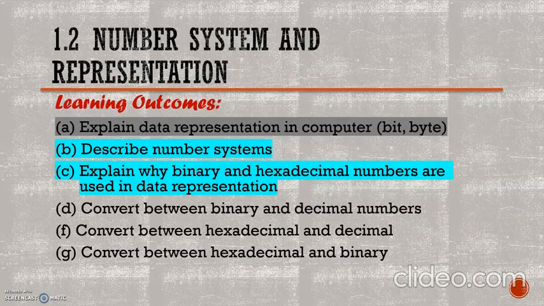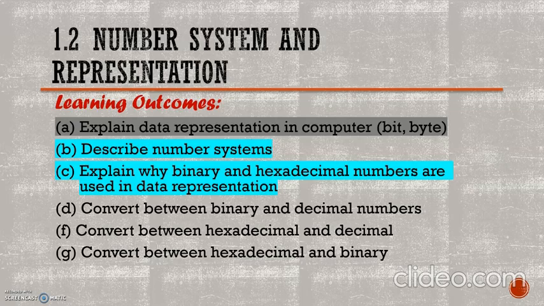Alright, in this topic we have actually 5 learning outcomes initially, but I have added 1, which is B. So now I have 6 learning outcomes, of which the first one, A, is already covered.